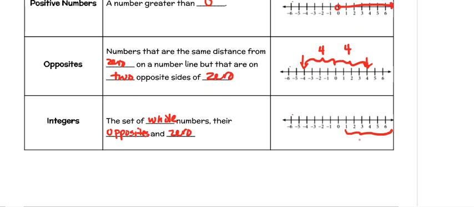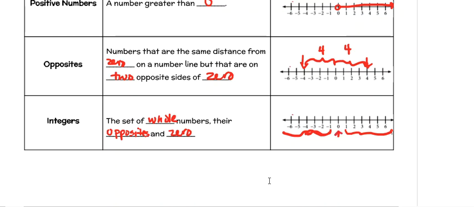But no decimals or fractions that can't be simplified to a whole number. And their opposites, which is negative 1, negative 2, negative 3, negative 4, negative 5, negative 6, and then, of course, including 0. So all of that, integers.